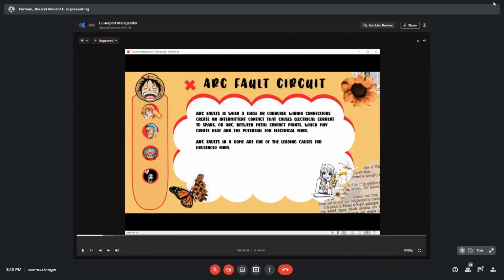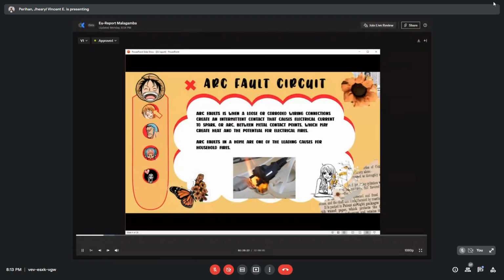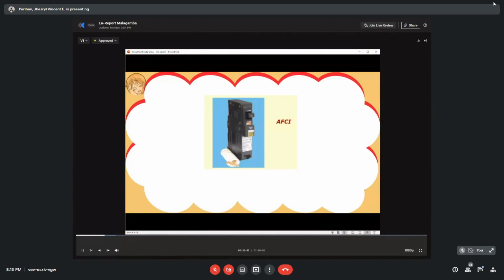So arc faults in a home are one of the leading causes for household fires. So in order to avoid this kind of situation, we have the arc fault circuit interrupter.